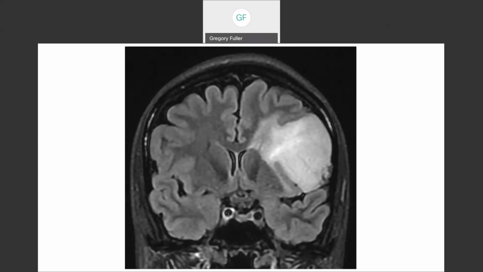Now, if you're thinking that I messed up, that this should have been an imaging warm-up, it's not, it's a histology warm-up. It doesn't matter if you're a radiologist or a pathologist, when you see this image, an axial T2 FLAIR sequence and a coronal T2 FLAIR sequence, you should be seeing histology. In your mind, you should be seeing what the H&E shows, what it's going to show at frozen section.